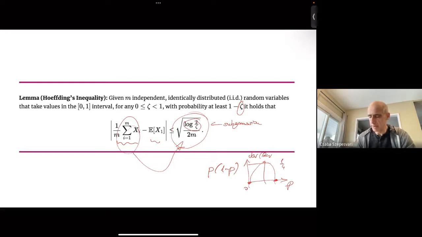At p equals 1, you get 0 variance, right? In both cases. And so if the parameter is really close to 0 or 1, you expect that maybe you are able to improve upon this inequality quite a bit. And lo and behold, that's true. And we are going to discuss later inequalities which have this property. But if you are not making any further assumptions about the random variables, then this is tight.